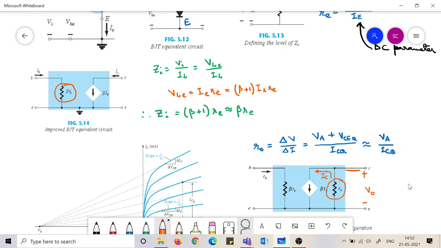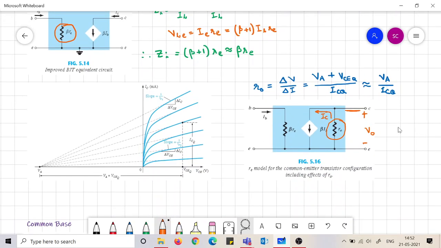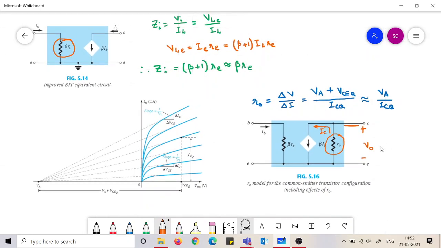Now what is the value of RO? That is the question now. There is a concept called early voltage. You have seen the collector characteristics. The collector characteristics are often drawn very flat, but they are not exactly flat, they have a slope like this.